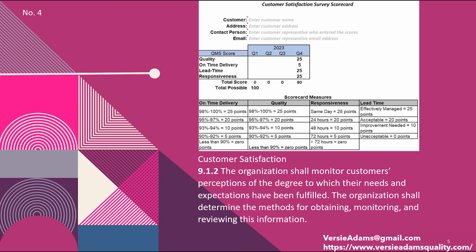In this example, this is a customer satisfaction survey scorecard that a client of mine sends out quarterly to their customers, and they grade them on these 4 categories: quality, on-time delivery, lead time, and responsiveness. As you can see, the scorecard measures that there's a criteria, and based on if they're meeting the criteria, they get awarded a certain amount of points or 0 points.